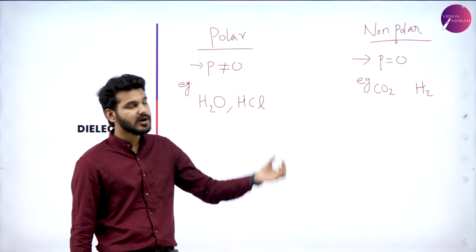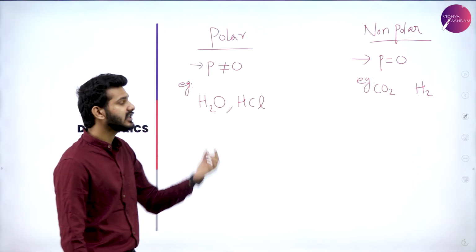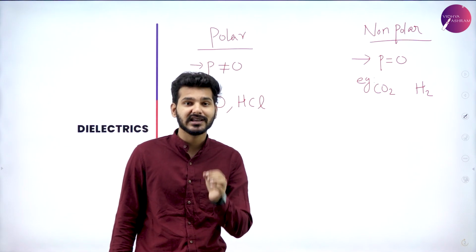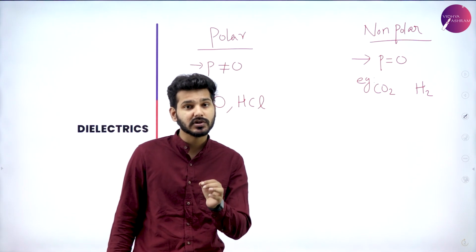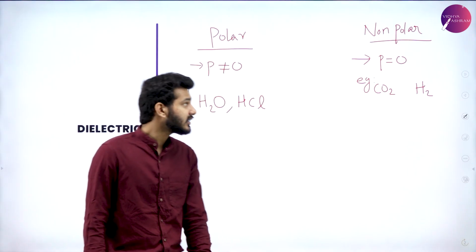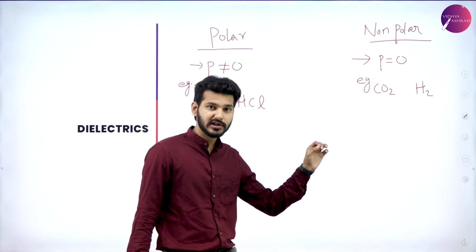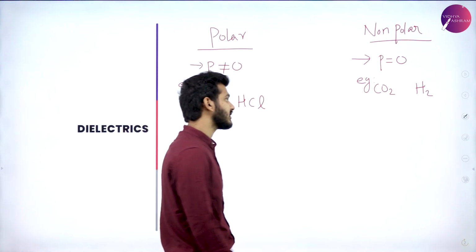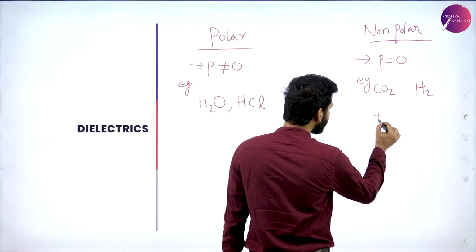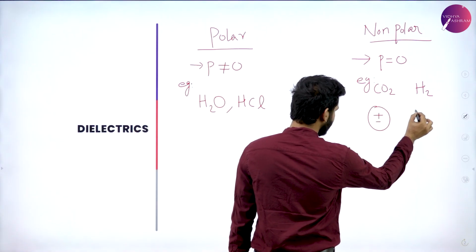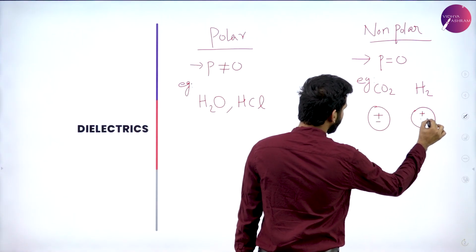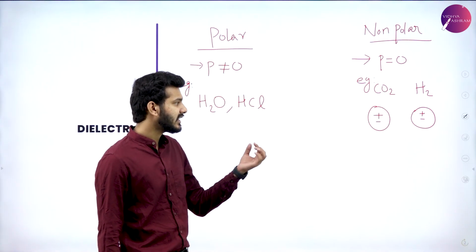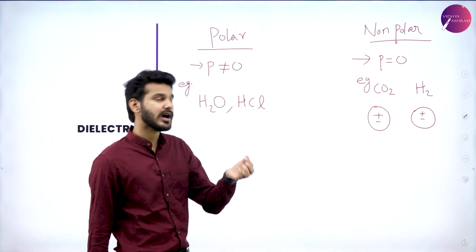If we take that particular unit of each material, we can see that the net electric field of both is 0, and that is because of very different reasons. The reason why a non-polar molecule has a net electric field of 0 is because the charge centers coincide with each other. That is, positive and negative coincide in such a manner that the net electric field is cancelled out.